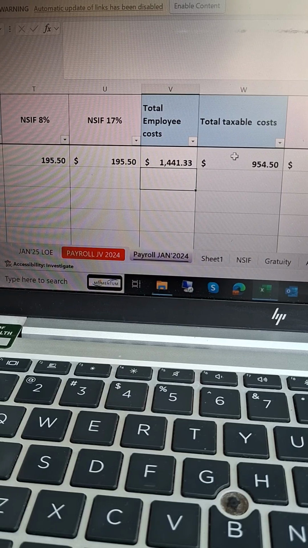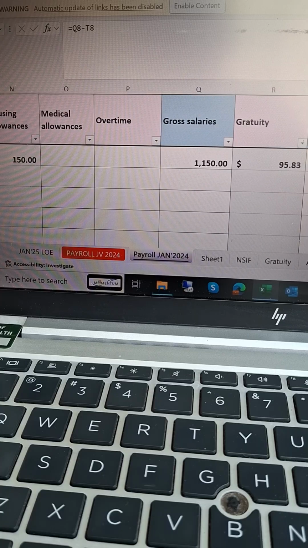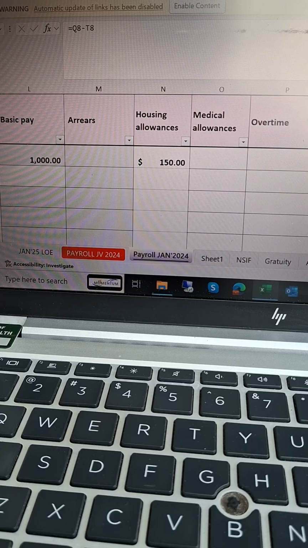Then we have taxable cost. Taxable cost is gross minus 8%. 8% is the employee contribution. That's why we are deducting it here. Q8 represents the gross, which is here, minus 8%. That is cell T8.